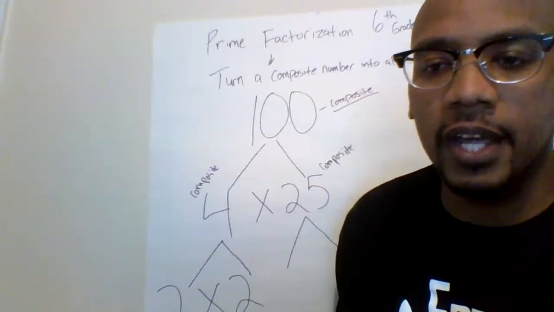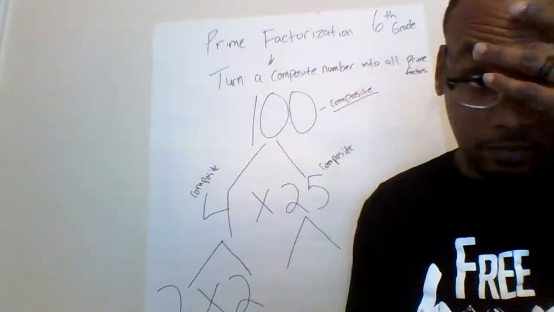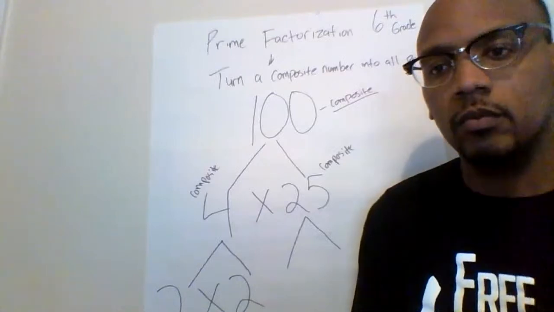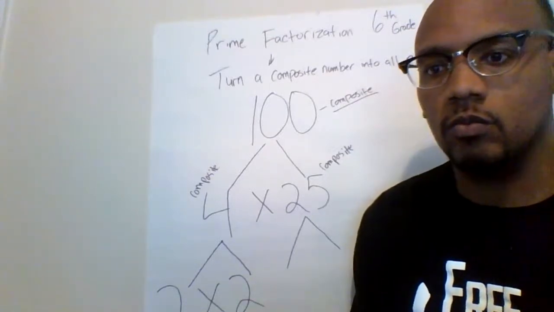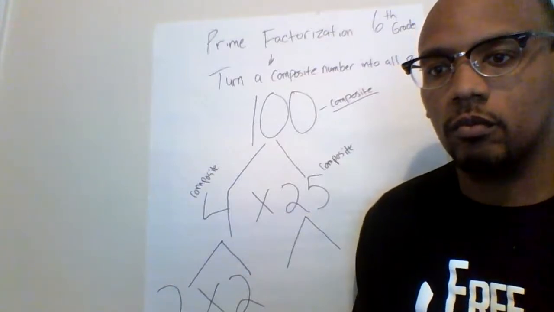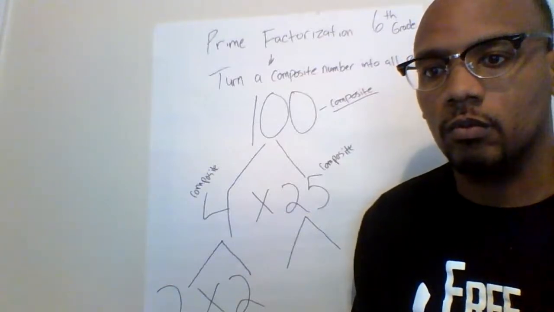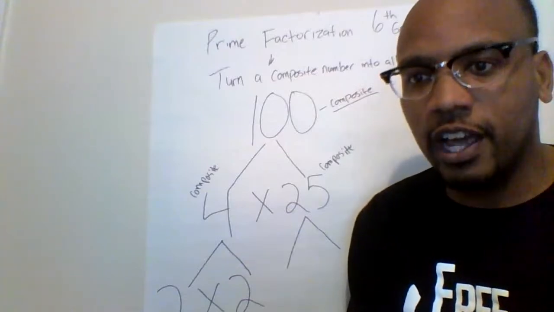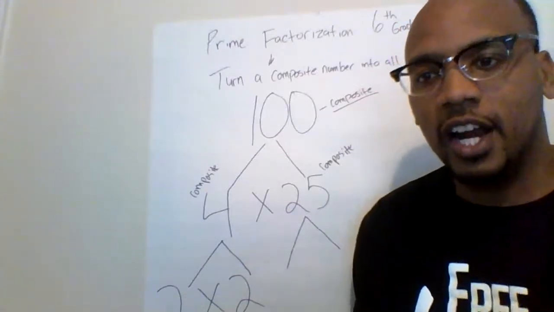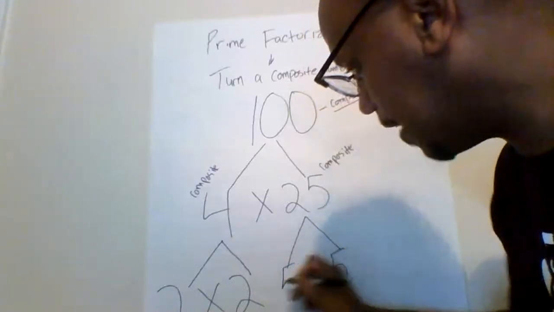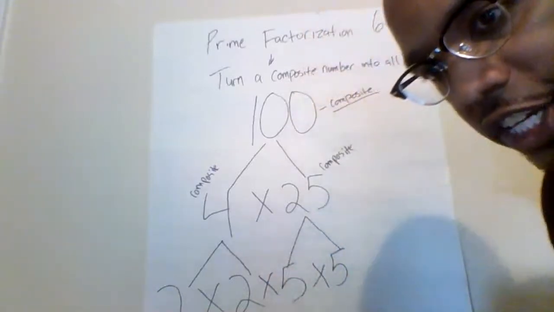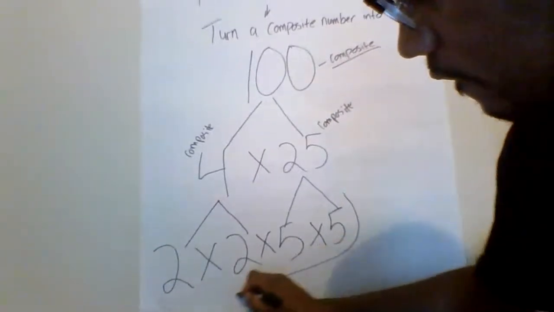Type it in. Good, Andrea, darling. All right. Good. 5 times 5. All right. Congratulations. This is the answer.